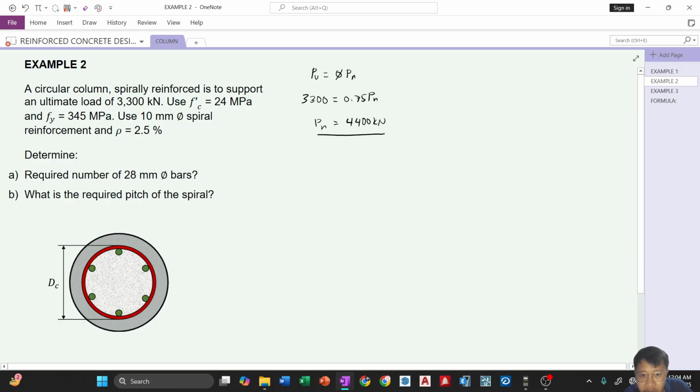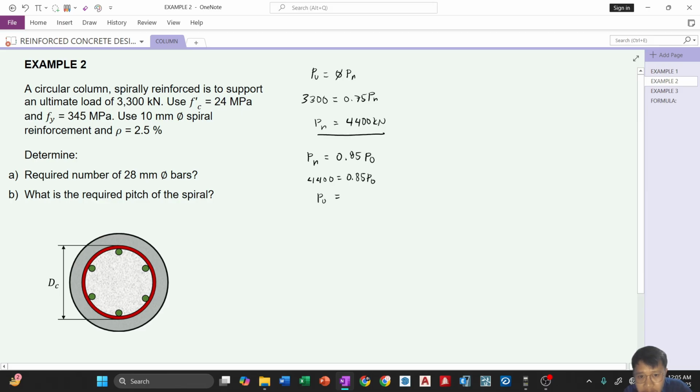Right. Then next, after this one, we solve for the P sub 0. Now, our factor naman na dito is now 0.85. Kanina 0.80 tied, this time naman 0.85 na. So 4,400 is equal to 0.85 P sub 0.